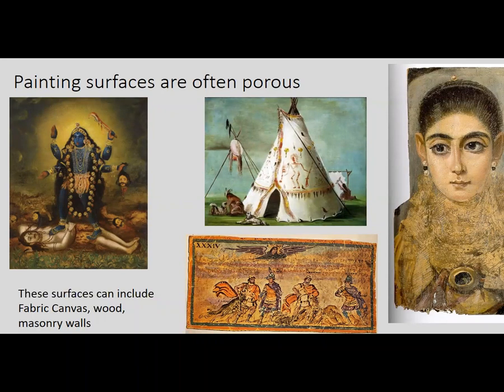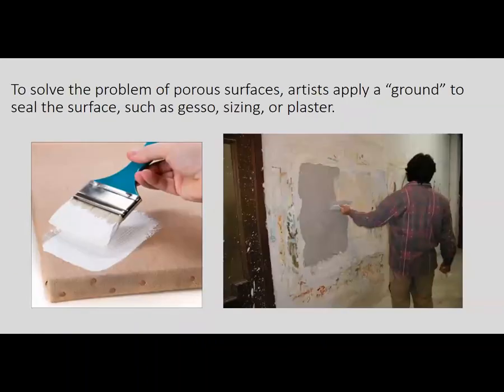They're all porous. So to solve that problem, artists apply a ground to seal the surface, such as gesso or sizing, which is starch, or plaster. Then they seal the surface, let it dry, and paint on top of that.